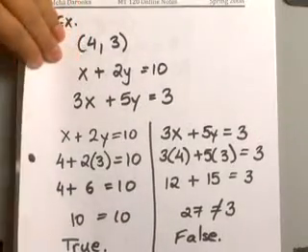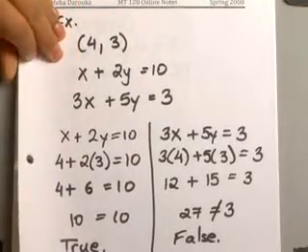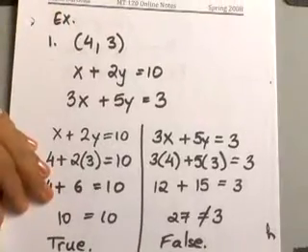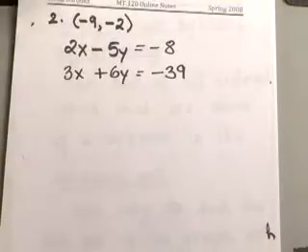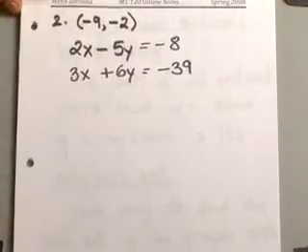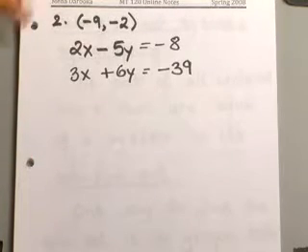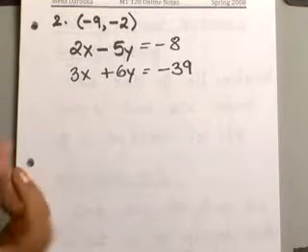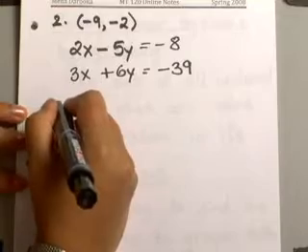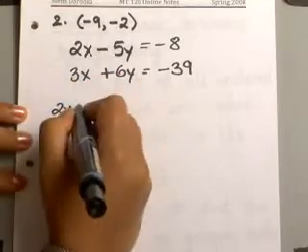Okay. Now let's say we take a look at another example just to be sure what your solution should look like. So in this example, we have (-9, -2) as our ordered pair, and our two equations are 2x - 5y = -8 and 3x + 6y = -39. We'll do the exact same thing we did in the last example.